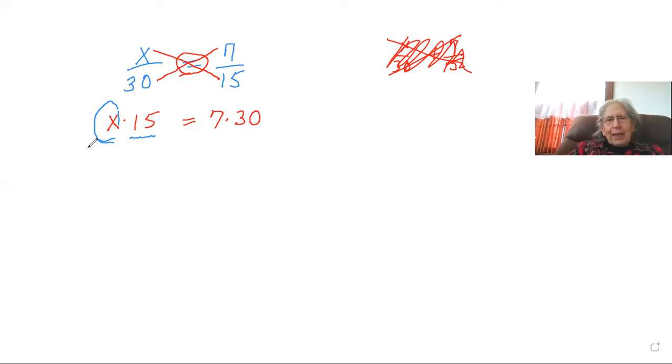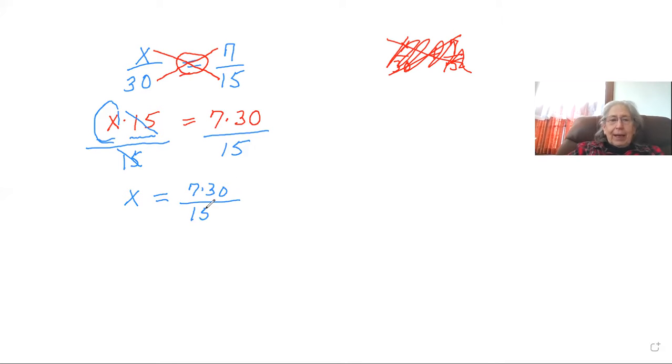So if we divide each side by 15, then these guys over here cancel. And we've got x alone. Yes, x is now equal to 7 times 30 divided by 15.